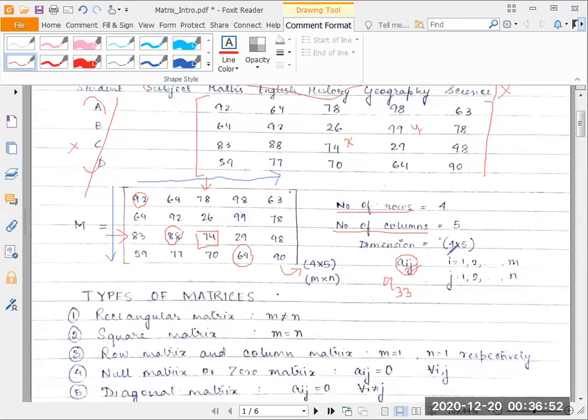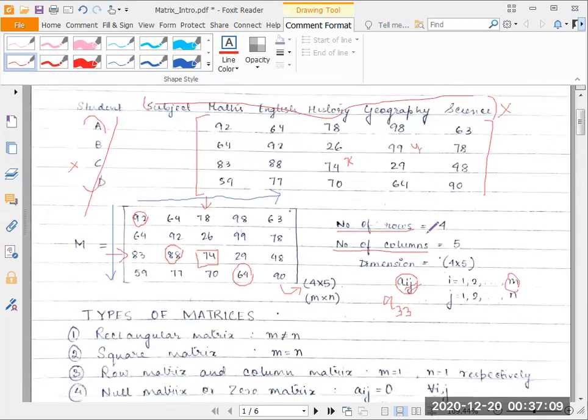Now, again, as you can see here, we have some notations involved. The index i, which denotes the row number corresponding to that particular element, runs from 1 to m. As I mentioned before, m is the number of rows and n is the number of columns. So as I mentioned, 4 is the number of rows, 5 is the number of columns.